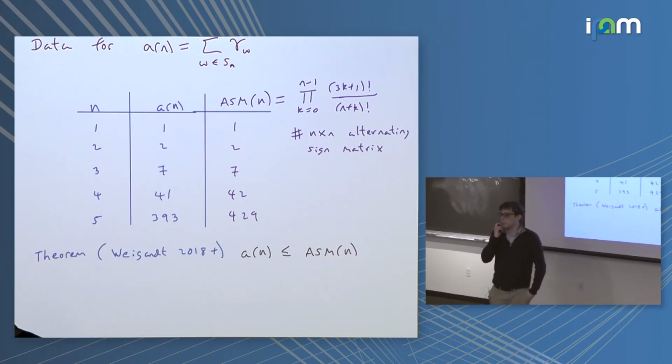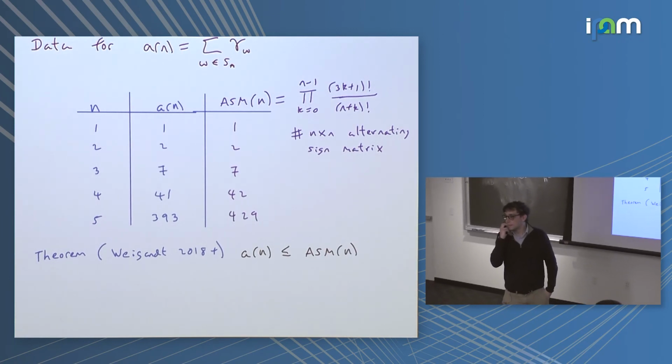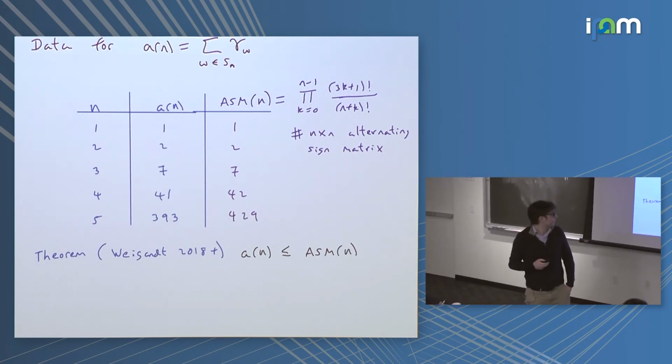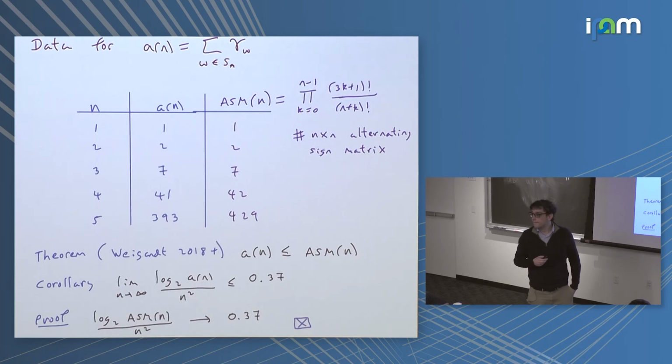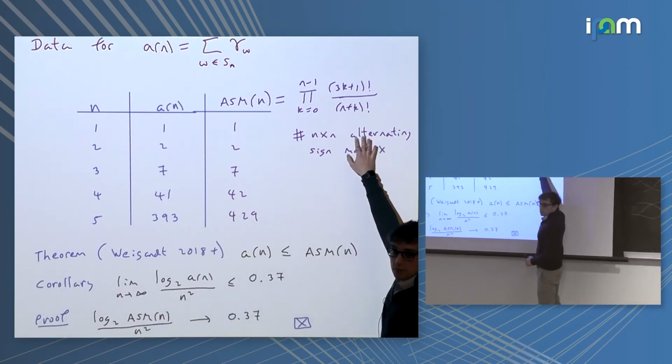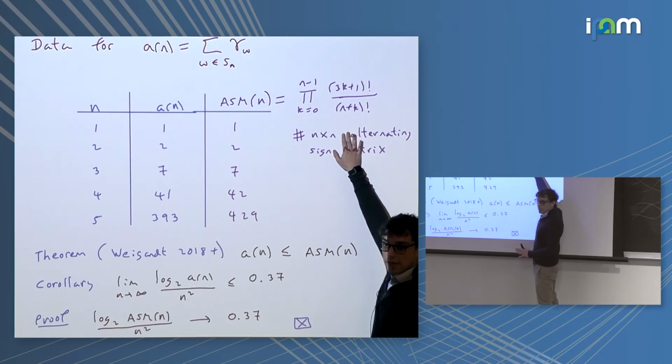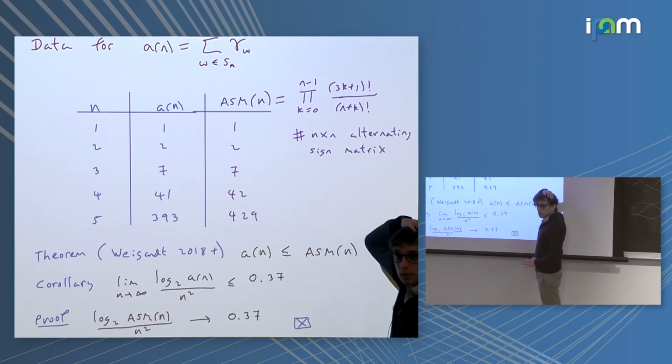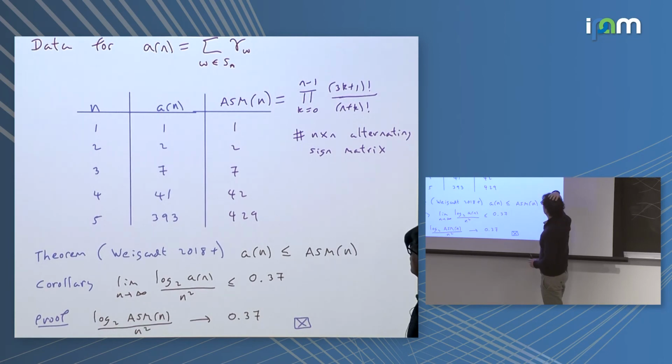Maybe it's worth commenting that this bound 0.37 actually relies on the difficult result that the ASM count is equal to the product. If I understand correctly, you can take this formula and do some asymptotics on it, but you're saying the equality is hard?